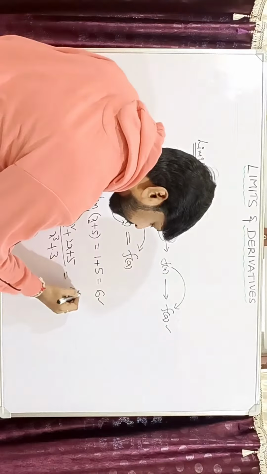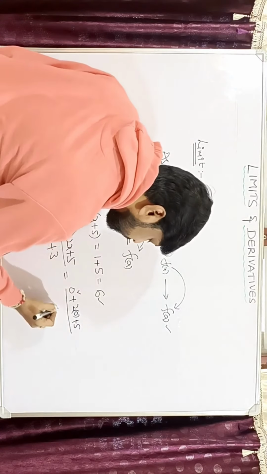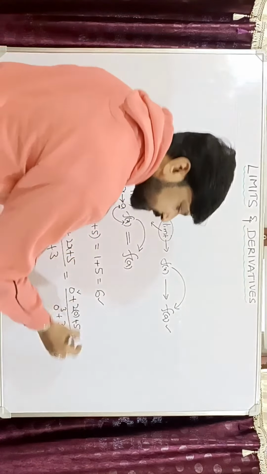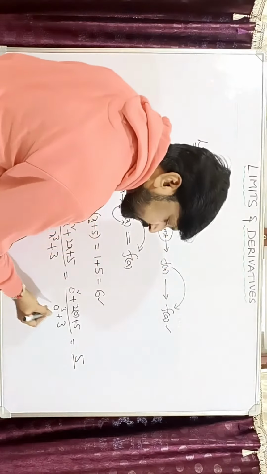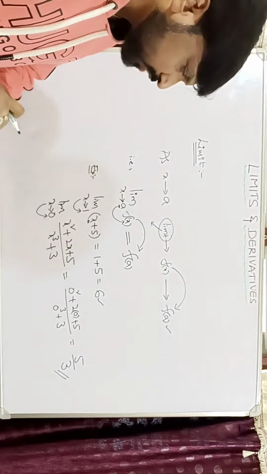So what happened? 0 square plus 2 into 0 plus 5 by 0 cube plus 3. This can be written as 0 plus 0 plus 5 by 0 plus 3, which is 5 by 3. The answer is 5 by 3. That's all the question.